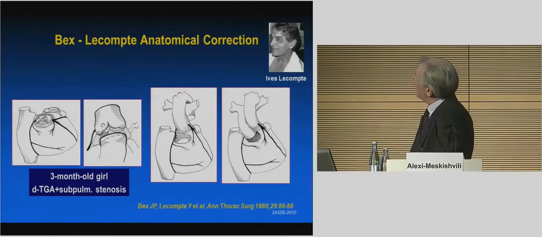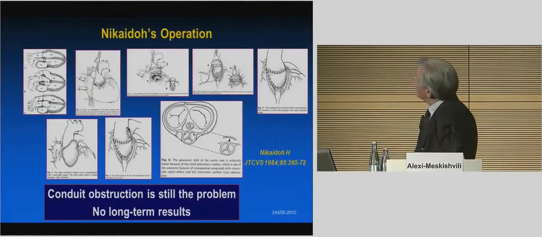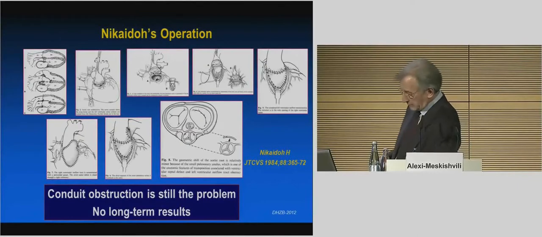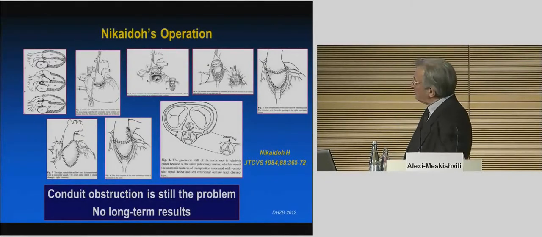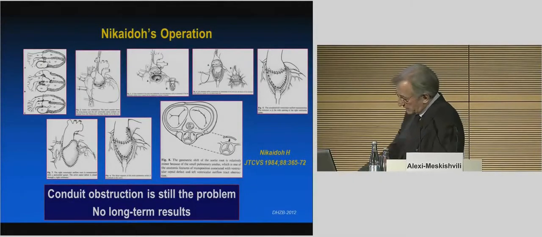This is the first successfully performed so-called translocation operation, also called the Nikaidoh operation. It is a very complicated operation for different types of transposition with left ventricular outflow tract problems. The main problem is that conduit obstruction is still a problem, like always, and we do not really have long-term results.